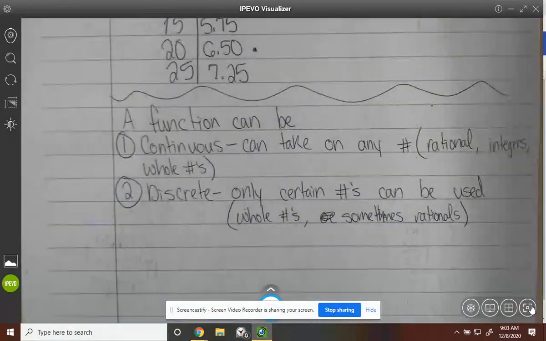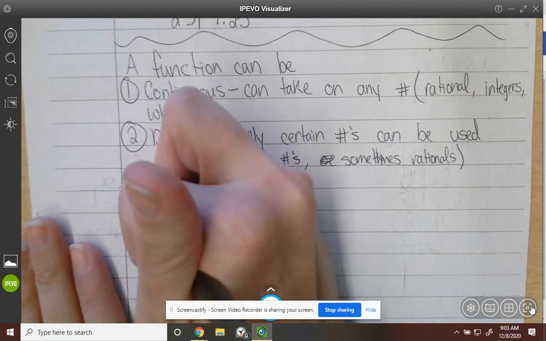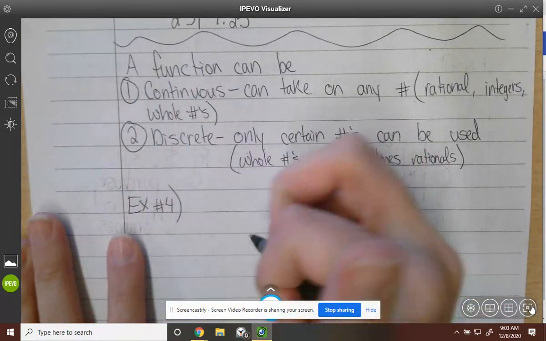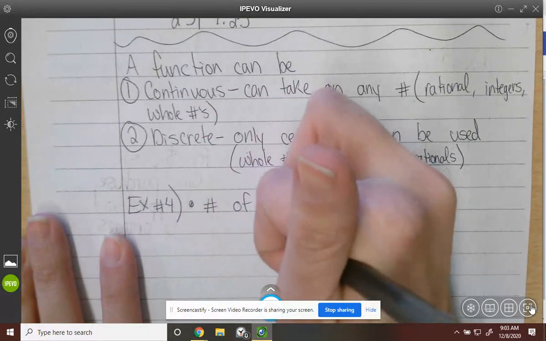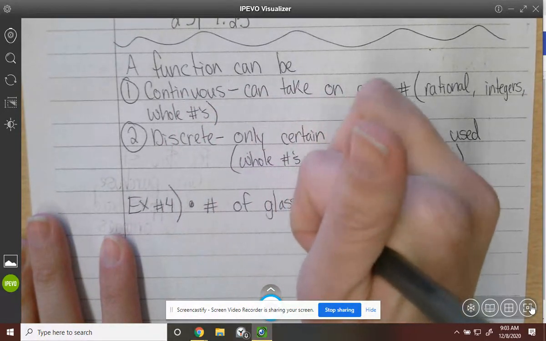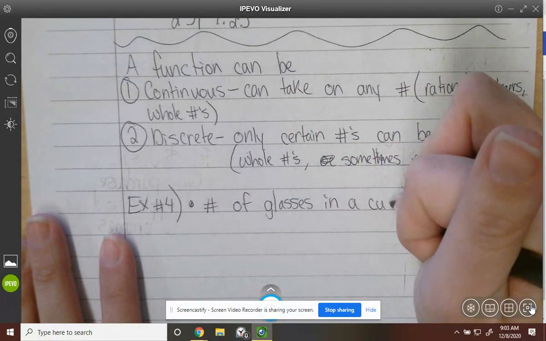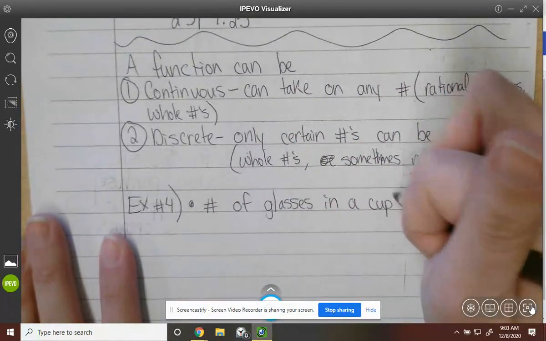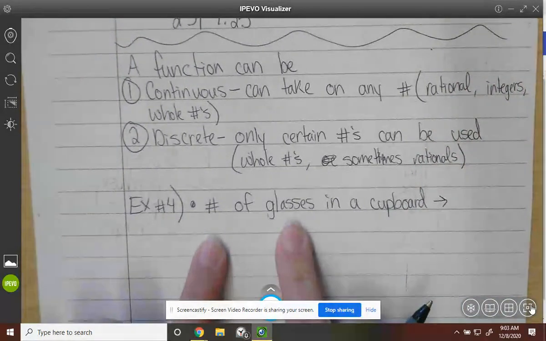So I'm going to show you what I mean by this. This would be example number 4. Let's first talk about the number of glasses in a cupboard.